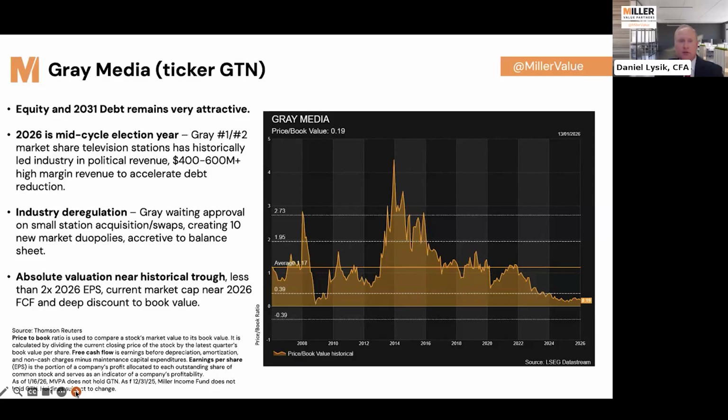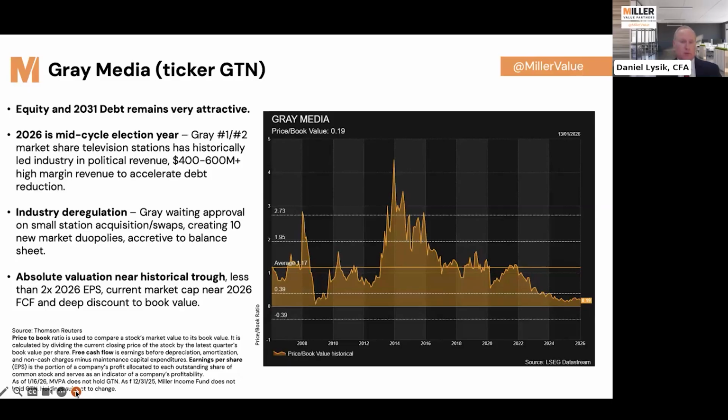The market-leading share positions allow the company to disproportionately lead the industry for political revenue, in addition to organic growth. And for this upcoming year, there are 28 of 35 Senate races, 30 of 38 governor races, and all of the House of Representatives seats up for re-election in Gray markets. A much larger number of races compared to 2024.